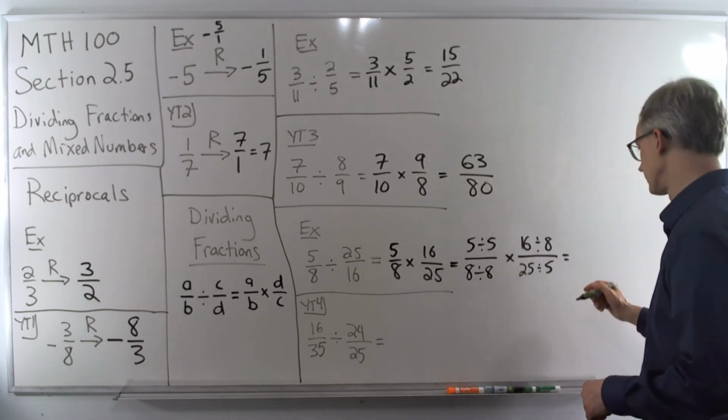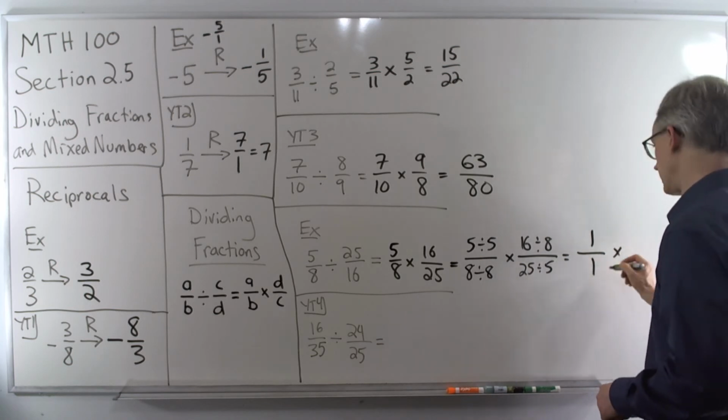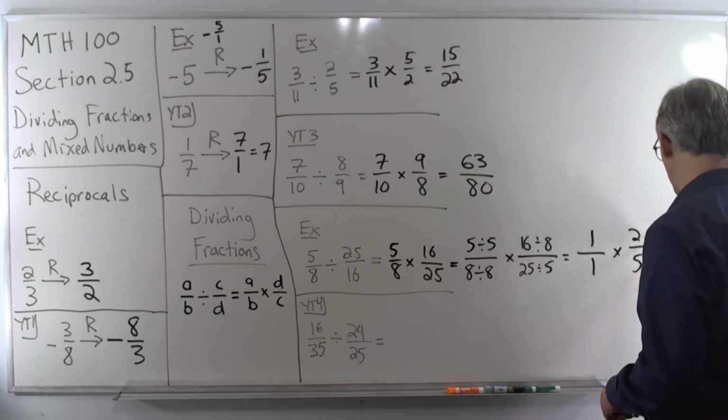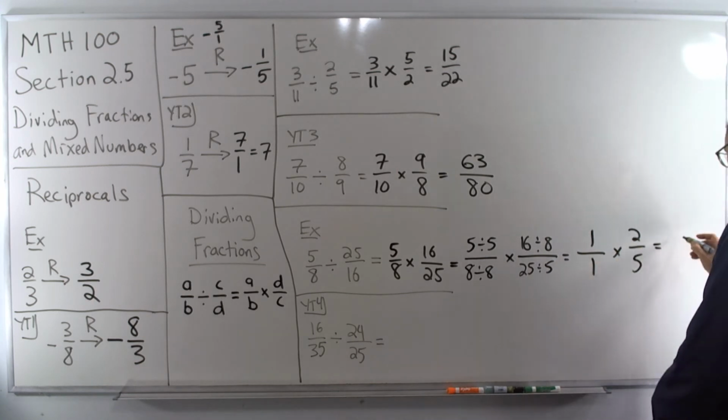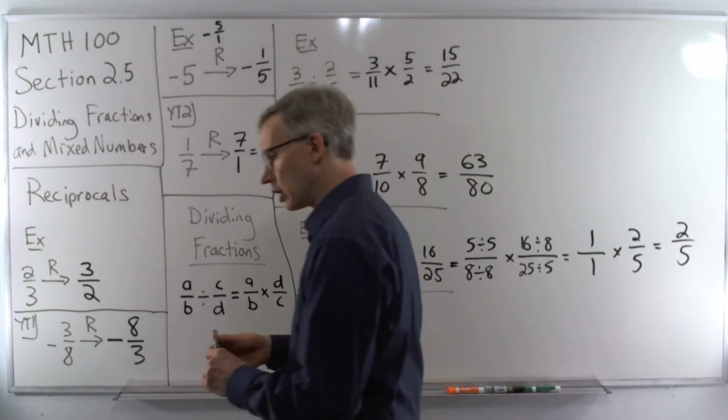All right, so that turns first one into 1, 1, 16 divided by 8 is 2, 25 divided by 5 is 5, and now we're just multiplying by 1s across, so we get 2/5. Your turn number 4.